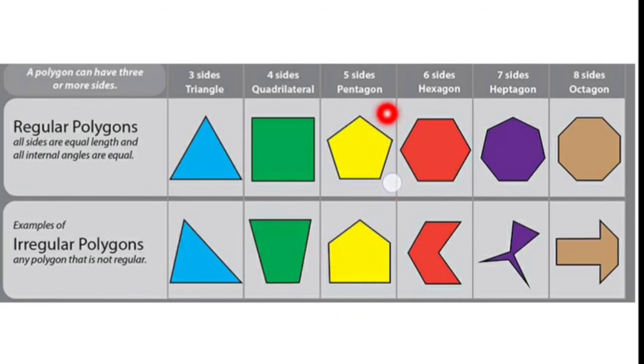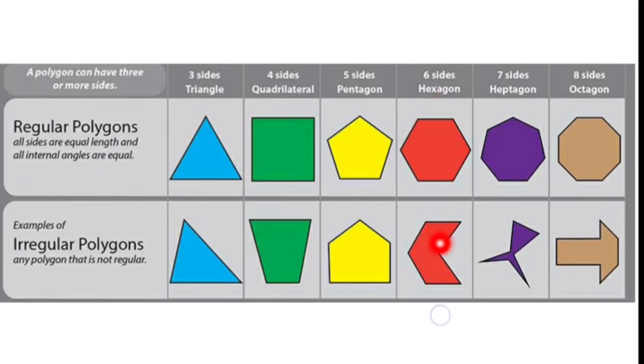After the pentagon we have a 6-sided figure. See, 6 sides, 1, 2, 3, 4, 5, 6, and these 6 sides are all equal. So the name of this 6-sided figure is hexagon.